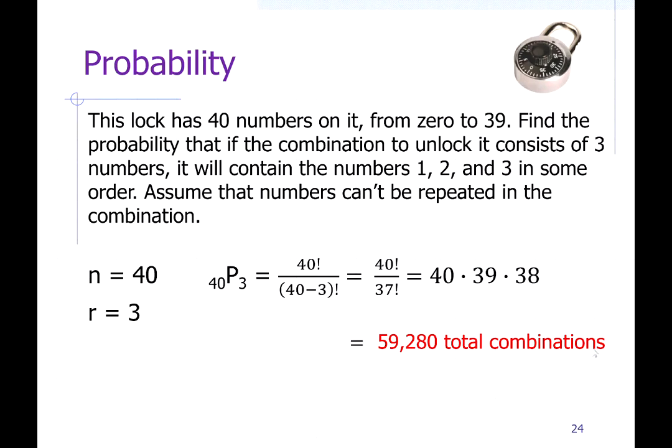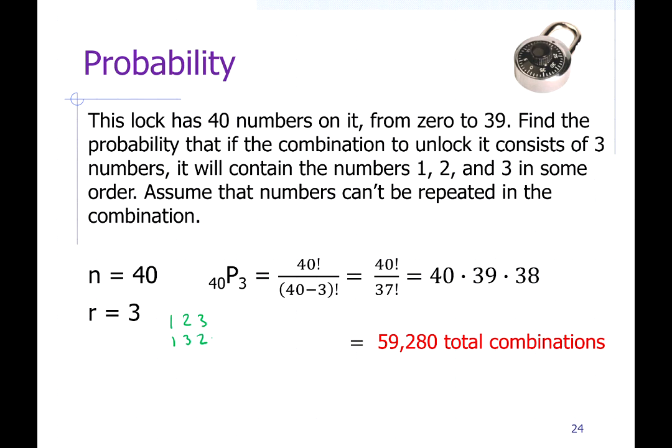Okay, so now that the counting's done, oh, well, actually, no, the counting's not done. So we've counted how many total possible combinations there are. Now I need to know how many combinations contain exactly the numbers 1, 2, and 3. Started listing them on an earlier slide. Now, with such a small number like this, we could start listing them out until we've listed them all. 1, 2, 3, 1, 3, 2.